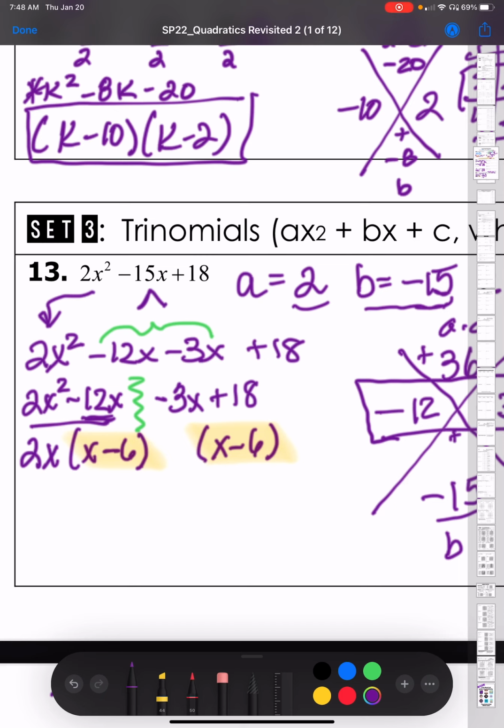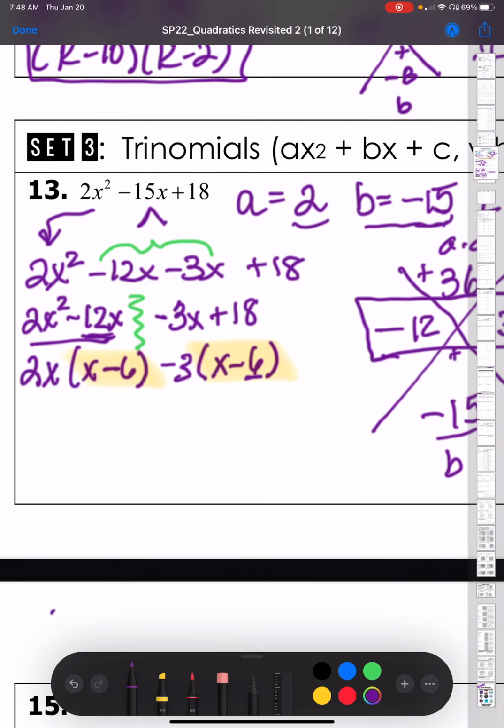So negative 3x divided by x is a negative 3. And then positive 18 divided by a negative 6 is a negative 3. So that's going to work because negative 3 times x minus 6 still equals negative 3x plus 18, which is what we started with.